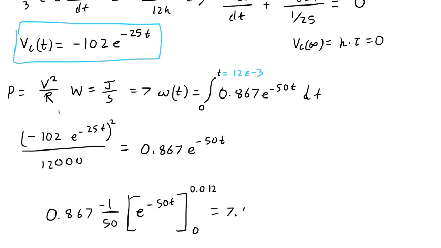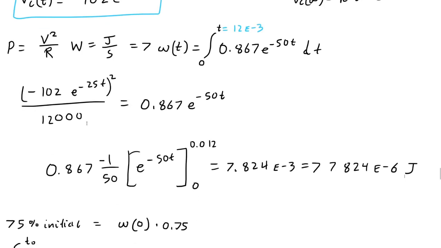So I get 7.8236 millijoules, which is going to be multiplied by 1,000, and then pull that 1,000 into the exponent, and we get 7824 microjoules.